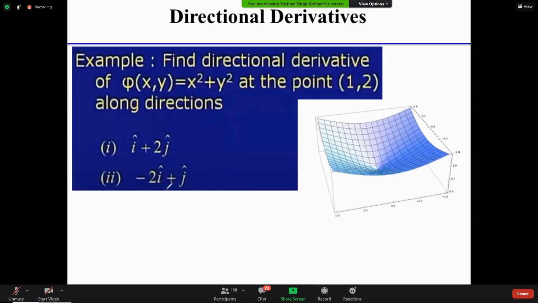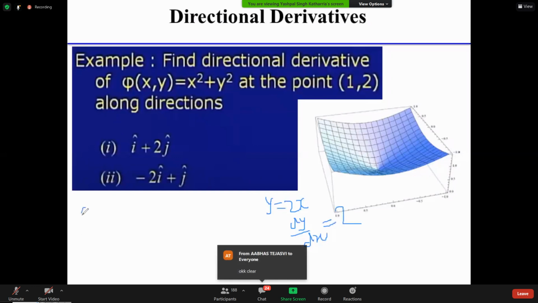So for this i plus 2j, we have already seen that the equation could be something like y equals 2x. Okay, then we can calculate the value of dy over dx. And when you have this value of dy over dx, then in the equation where you needed dx over ds, this can be calculated.